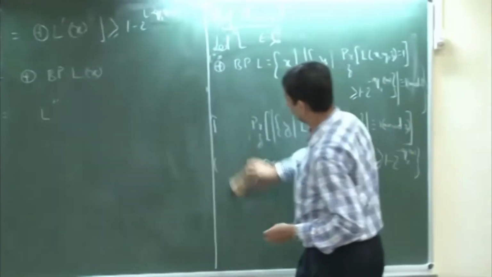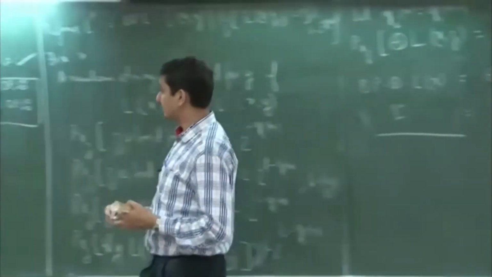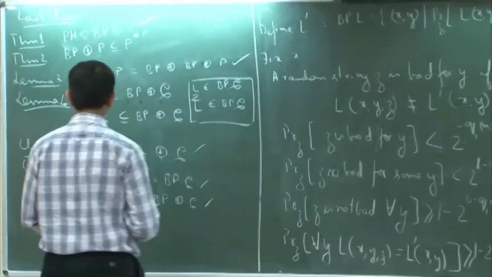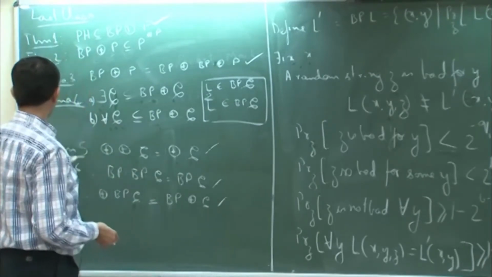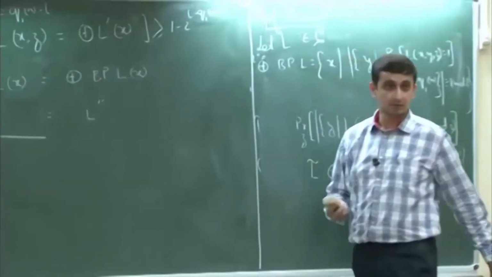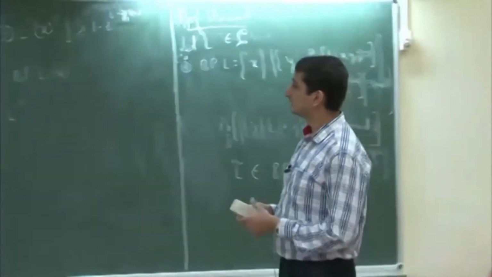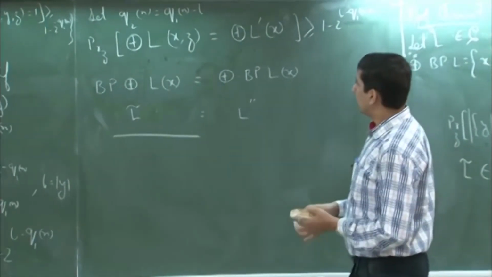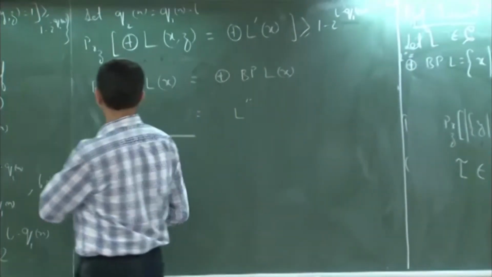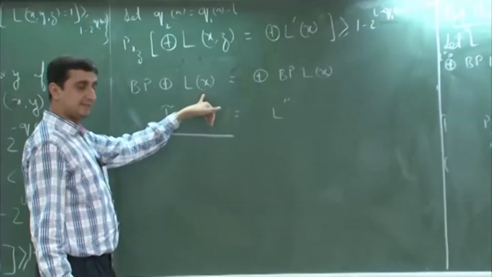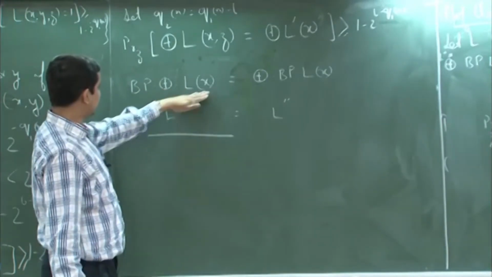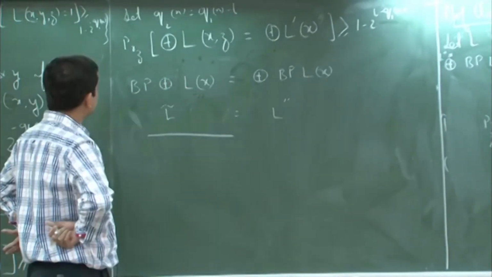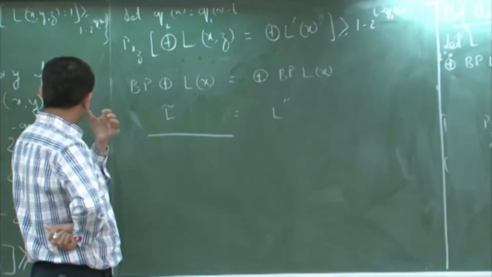Okay, so what have we seen? We have seen these three claims. So what remains of theorem 1 is lemma 4. Because, okay, so let me explain. What does this mean? I started off with an x. Okay. So what this means is that, yeah, maybe this is not a correct notation.